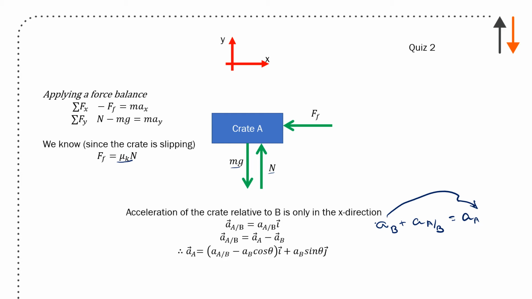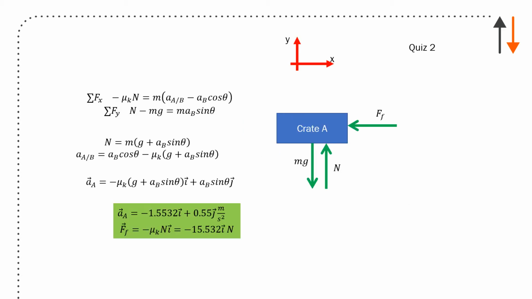So everything is there, everything I need to know, and I know the direction of things moving. This is moving down the ramp, or this is moving in the negative x direction. This one is moving up the ramp. So substituting in terms, I've got forces in x: minus mu k N equals mass times (acceleration A relative to B minus a_B cos theta), just substituting in the expression I just figured from my kinematics, and N minus mg equals m a_B sine theta.